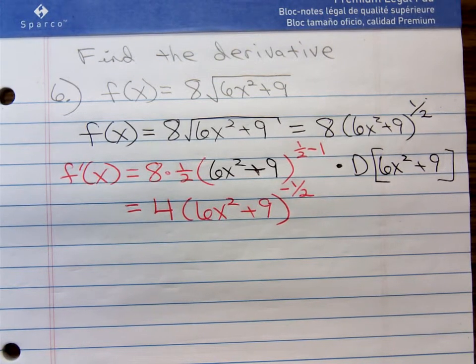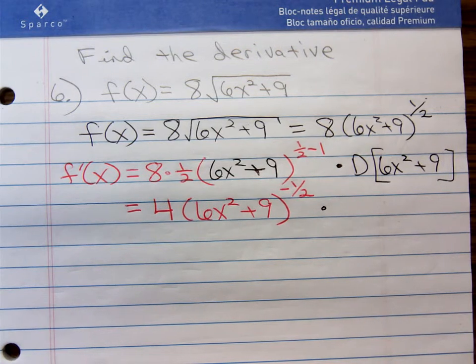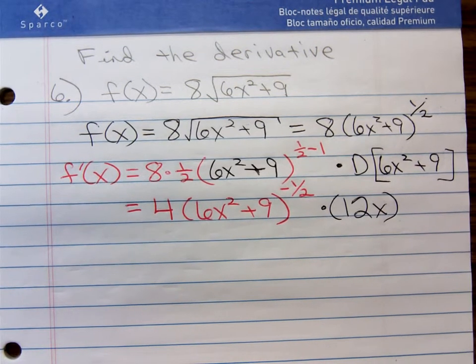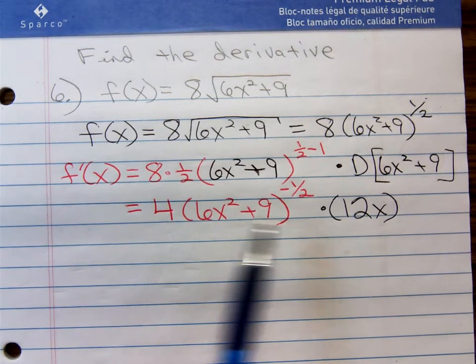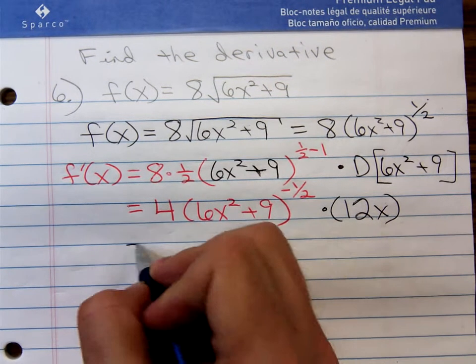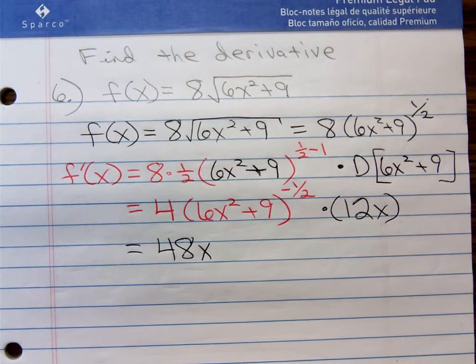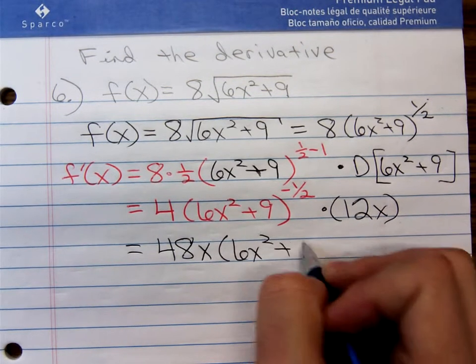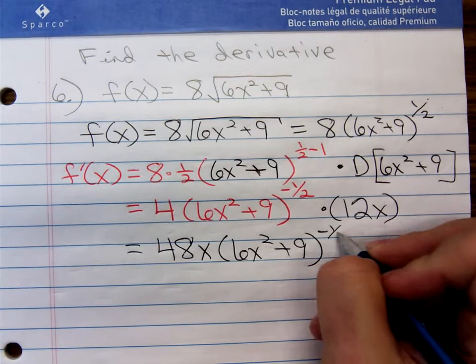But we need to multiply all of this by what? What's the derivative of 6x squared plus 9? 12x. And we have a monomial times a monomial. 4 times 12x, that's a 48x. We still have that 6x squared plus 9, and that's a negative 1/2.